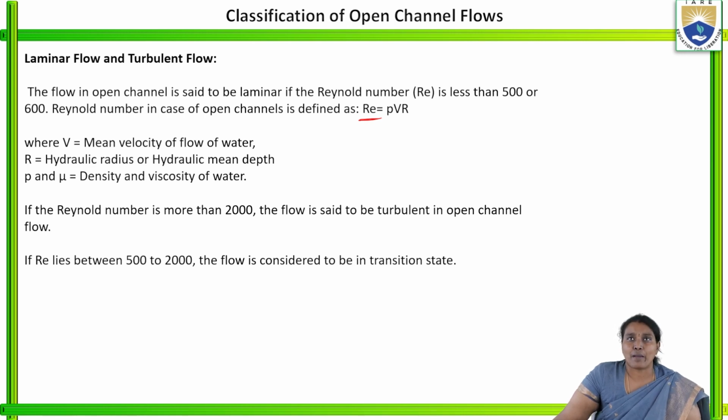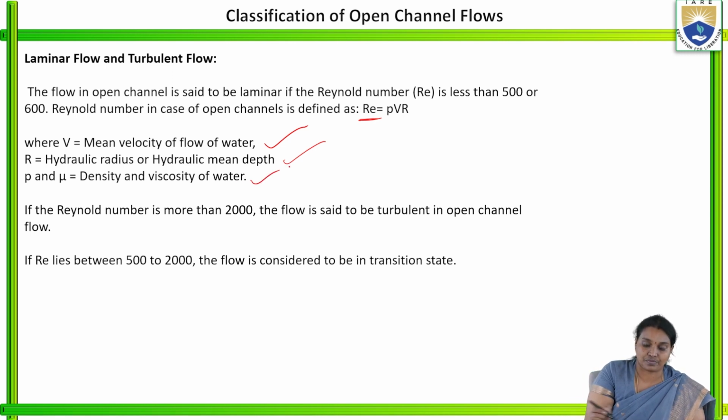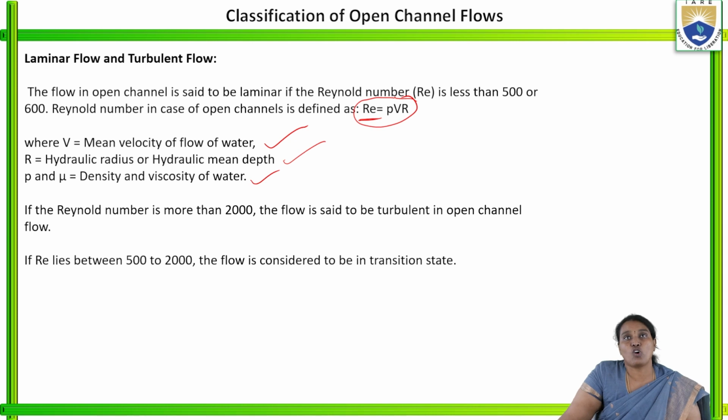The Reynolds number is equal to rho V R by mu, where V is the mean velocity of flow of water, R is the hydraulic radius or hydraulic mean depth, and rho and mu are the density and viscosity of water. This is the Reynolds number. Based on this Reynolds number, we are going to classify the flows.